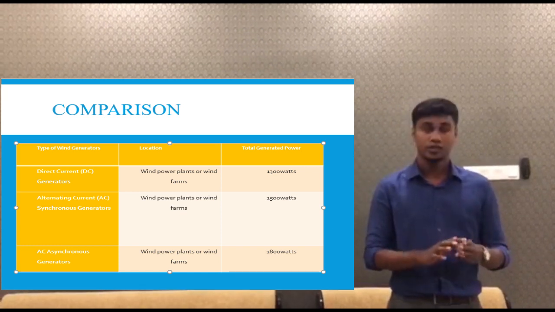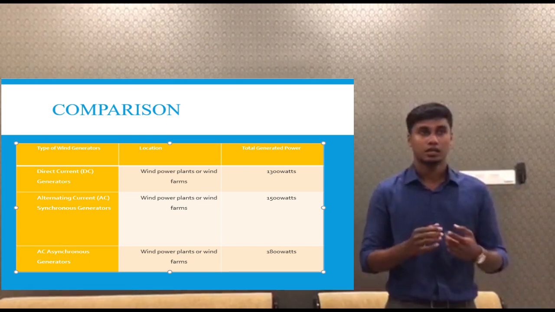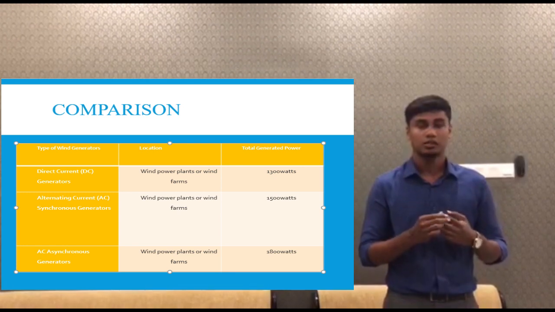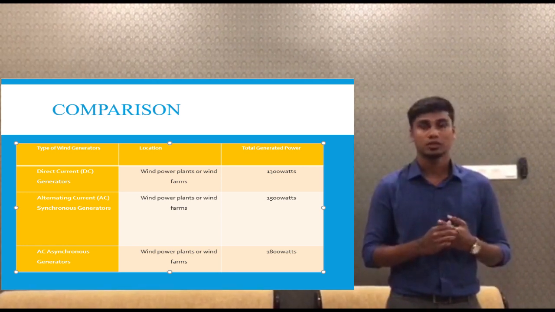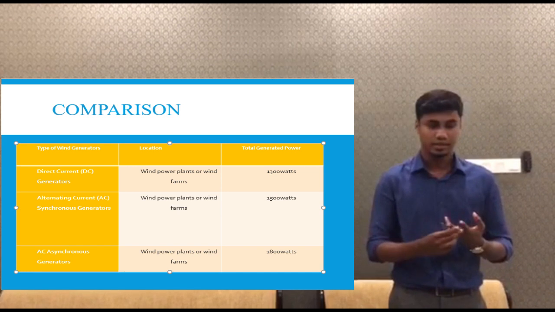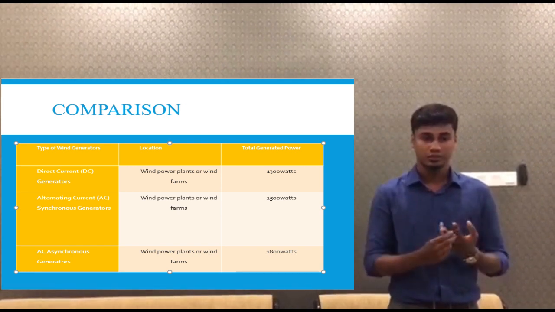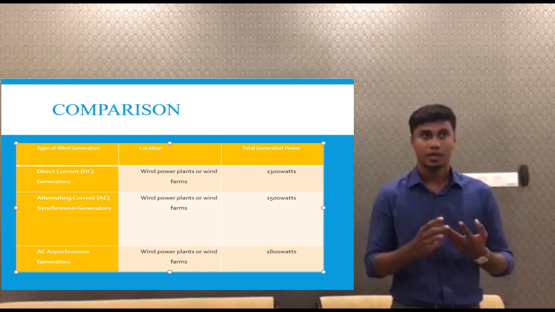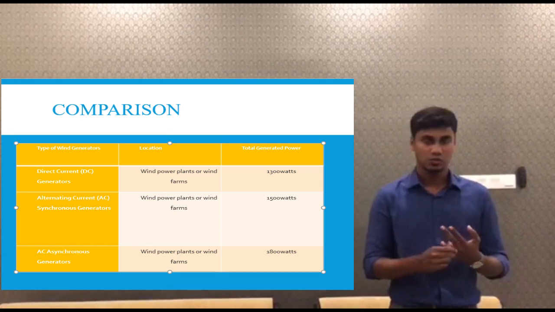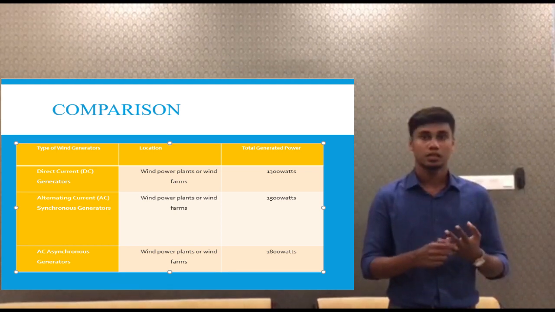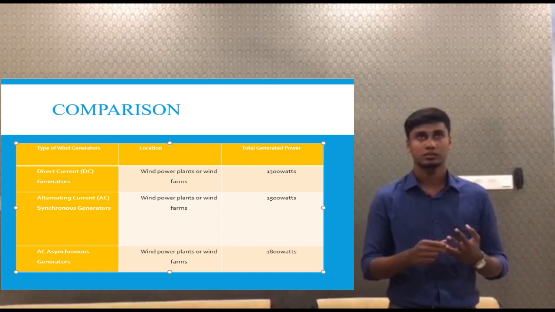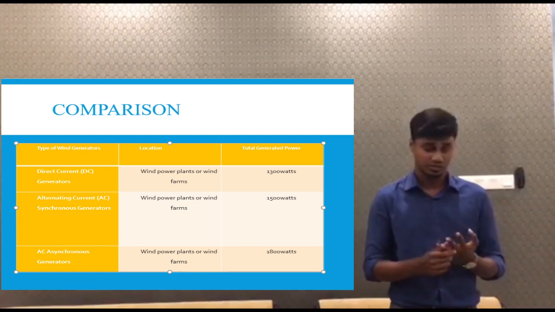The first, DC, generates total power of around 1300 watts. The second, AC synchronized, is 1500 watts. The third, AC asynchronized generator, generates around 1800 watts.